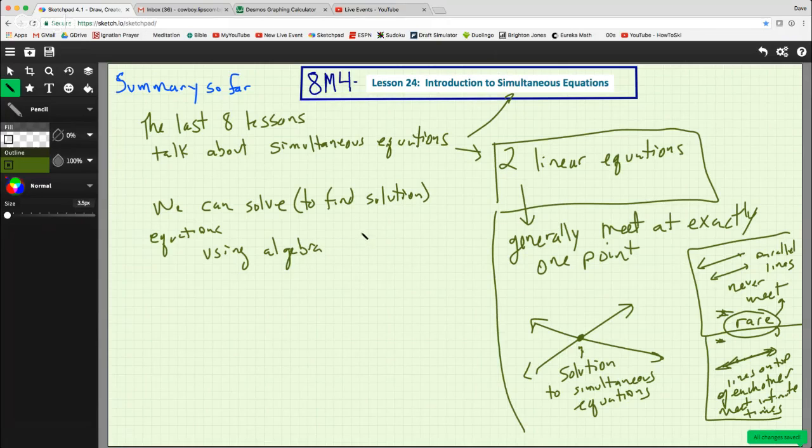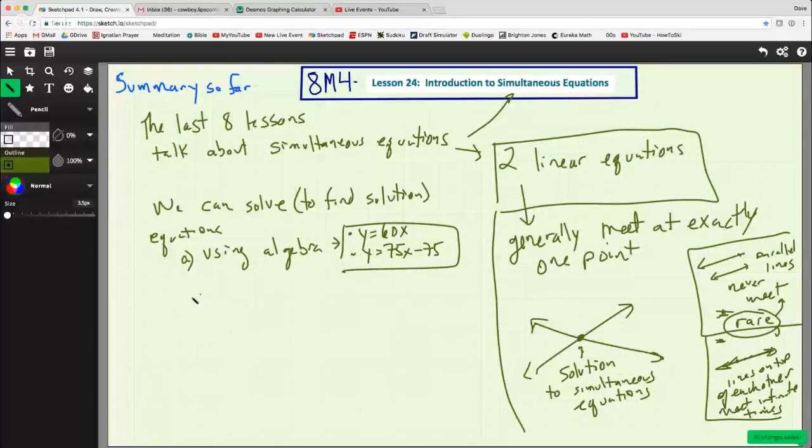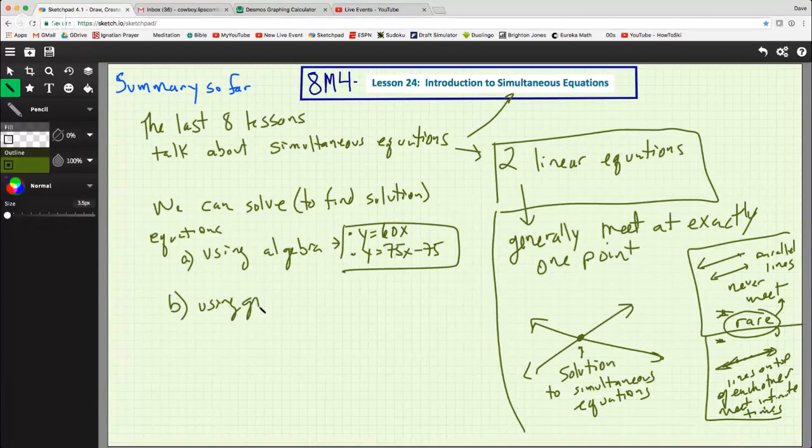So this is where you have y equals 60x and y equals 75x minus 75, which are the two algebraic equations that we had from the previous example. We can also solve it using graphs. That's where we had this graph, and then we could find the intersection here.